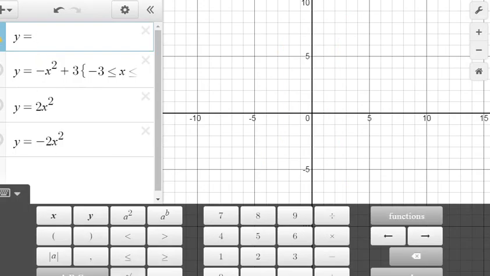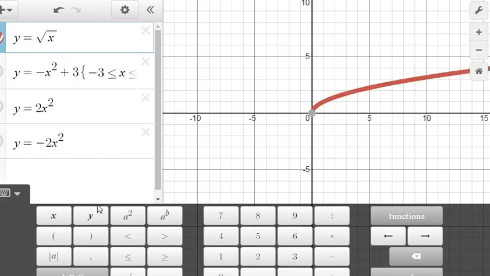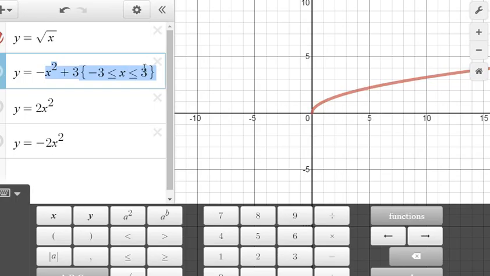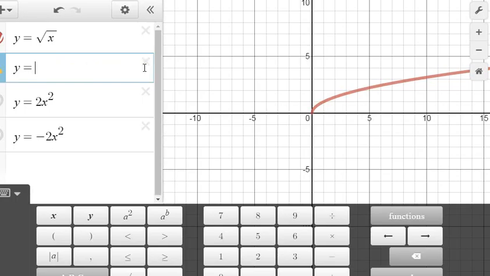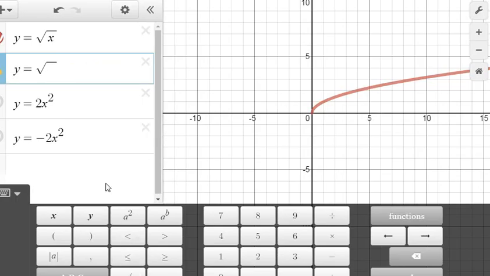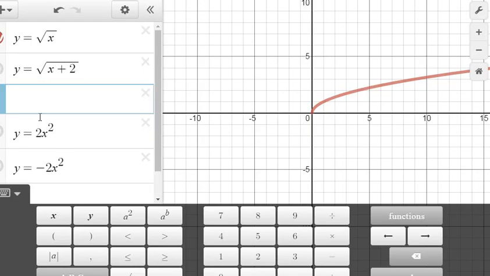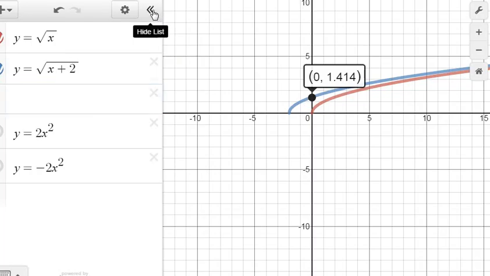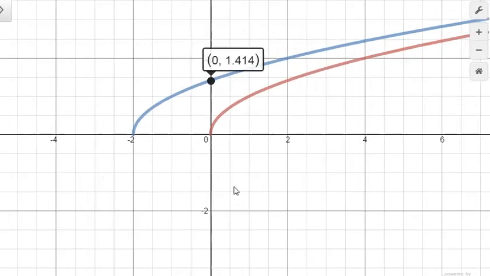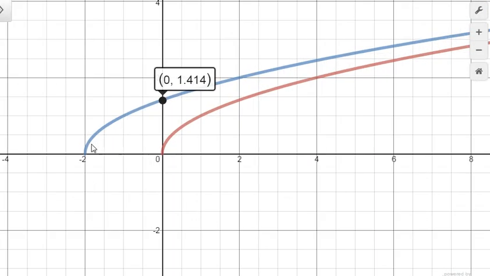Y equals the square root of x. And say goodbye to you as well. Y equals the square root of x plus 2. So you can see that this graph has been shifted to the left by 2. We have an x-intercept at negative 2, 0. So the domain, if you're looking at it visually, is everything to the right of negative 2, including negative 2.